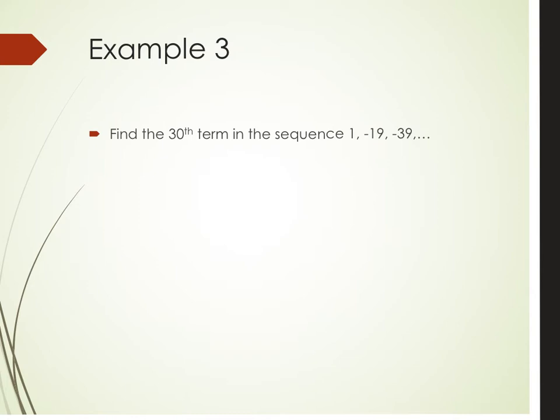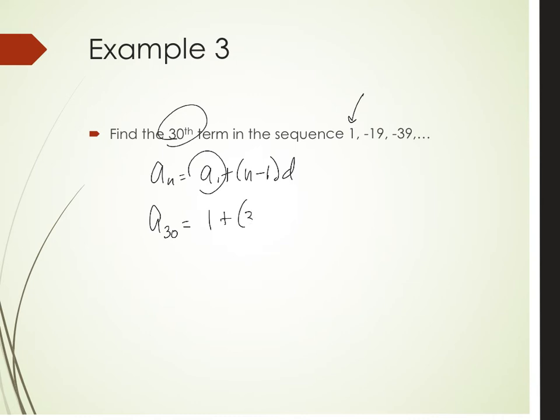Now this one is asking you to do the same thing, but they just state it differently. So here's the formula. Let me write that up. We're finding the 30th term. This is the first term, which I can see. n is still 30, and d is the difference.